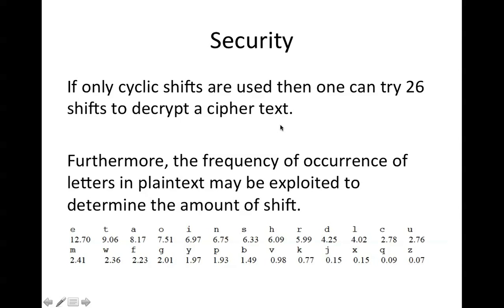Even that is not the problem here. Even if you did not have this problem, you could have an issue with, for example, the frequency of occurrence of these letters in a given language in plain text messages.